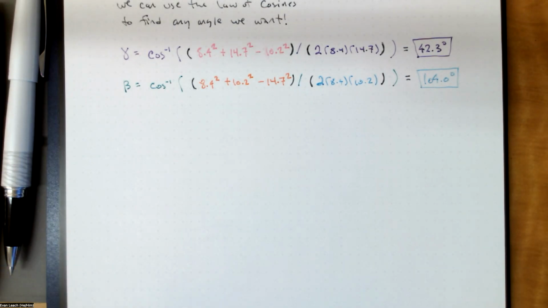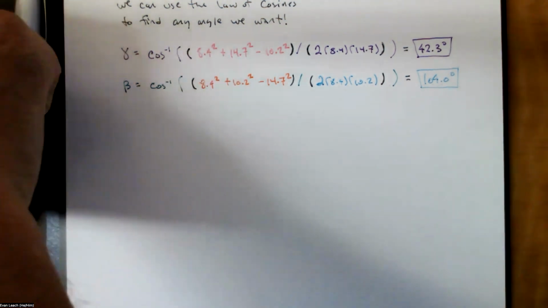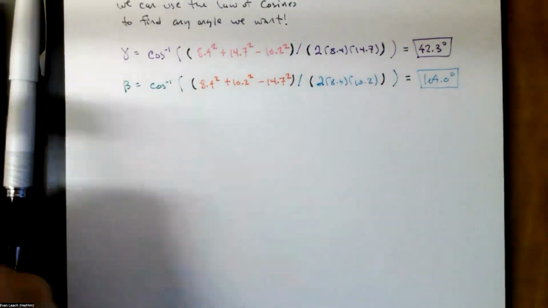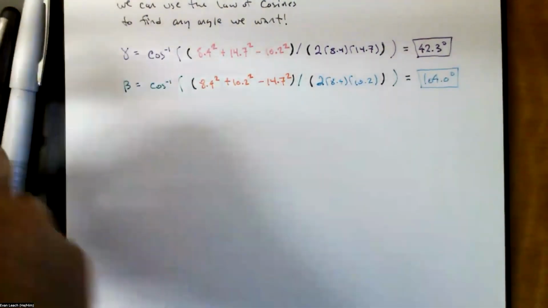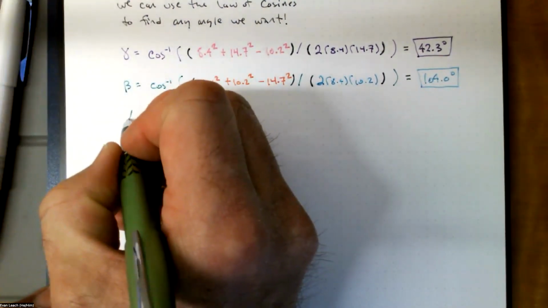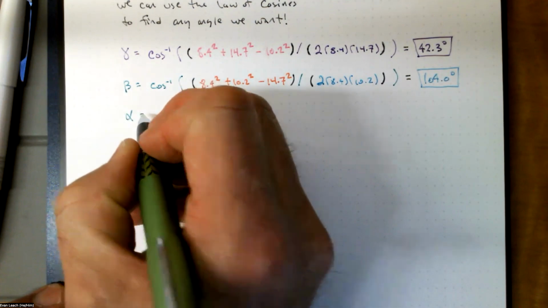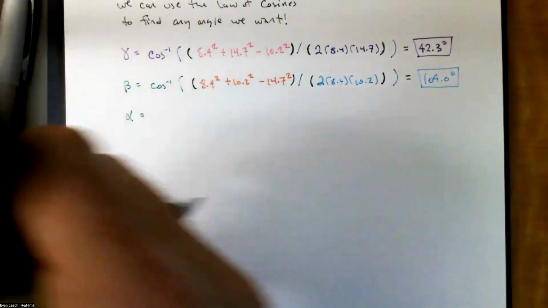One of the things that we should always do when we're solving a triangle, if we have 2 angles, we should just subtract to find the third angle. As soon as we have 2 angles, just subtract to find the third angle. So alpha should just be 180 minus those other 2 angles.